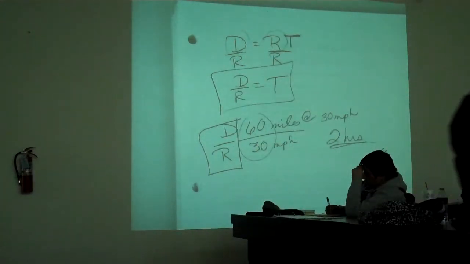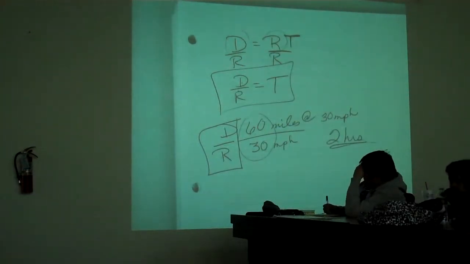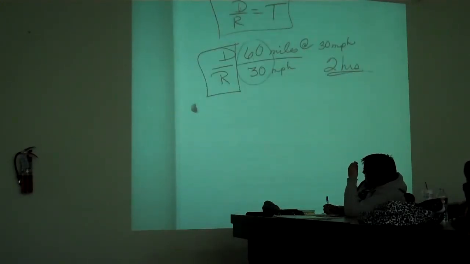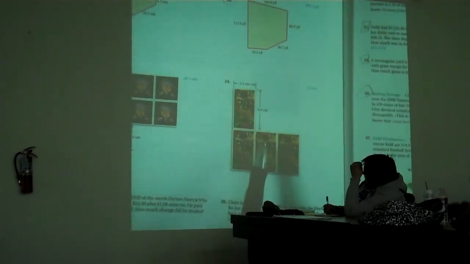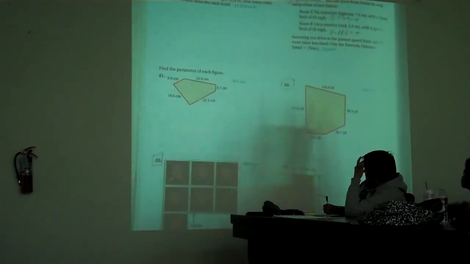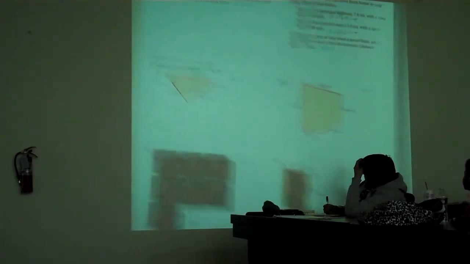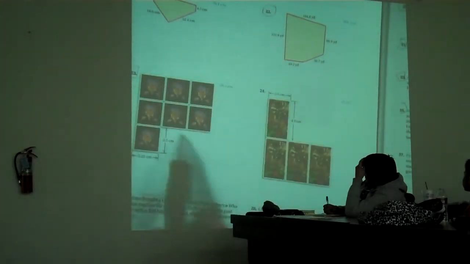Okay, number 23 and 24 has stamps. You don't have to do 24. You have to do 23, but let me show you. Number 24, same kind of problem. Every single one of these problems with the figures right here, you have to do the perimeter.